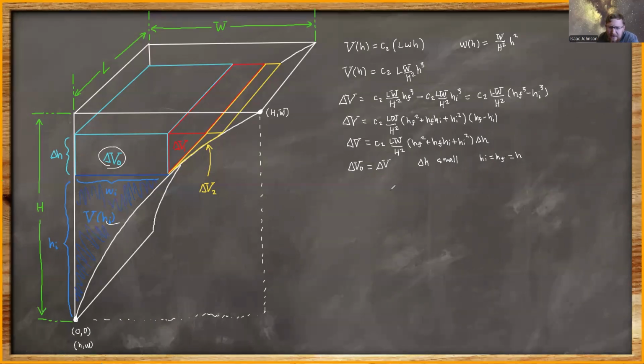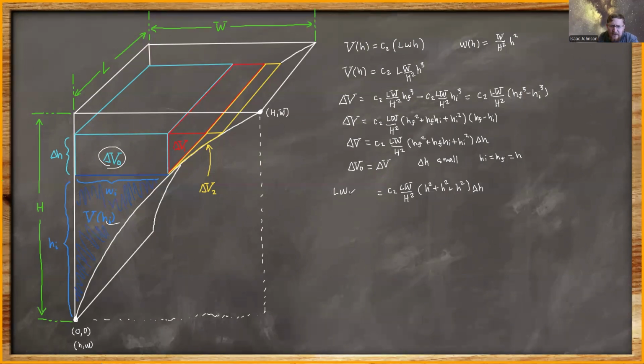And when that happened, all of a sudden, this factoring over here, H final times H final just becomes H squared. H final times H initial just becomes H squared. And H initial squared just becomes H squared. And then we were trying to make it equivalent to the rectangular component of the volume increase. So we figured out what that was geometrically. We said, well, that's just width initial times delta H times length.